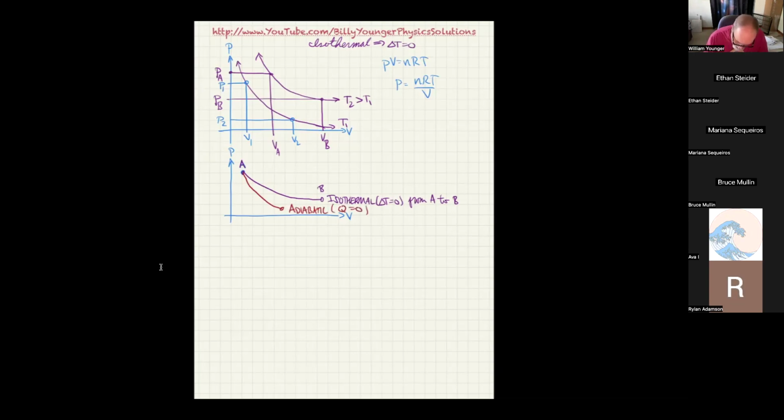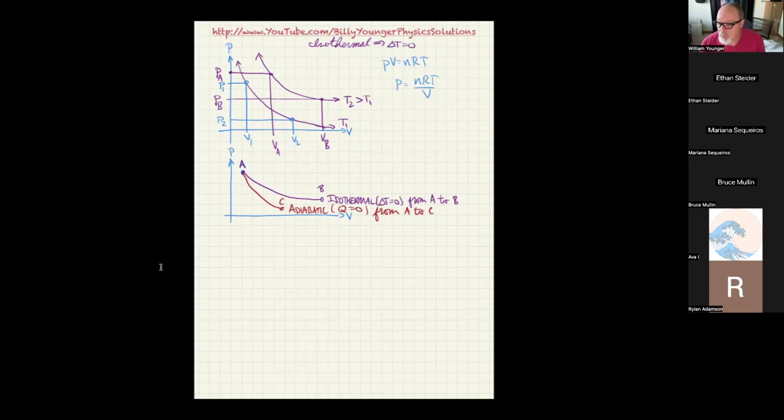You should be able to convince yourself, from A to C, that when the process is adiabatic, the graph of P versus V would actually be lower than the graph of P versus V for an isothermal process.